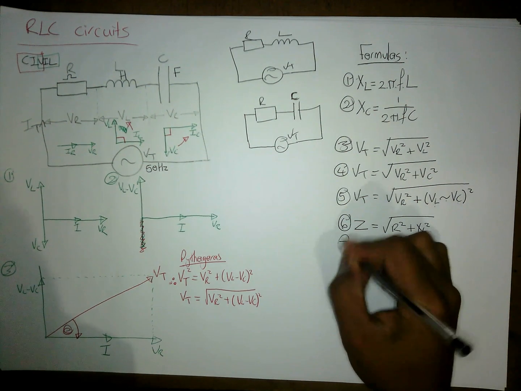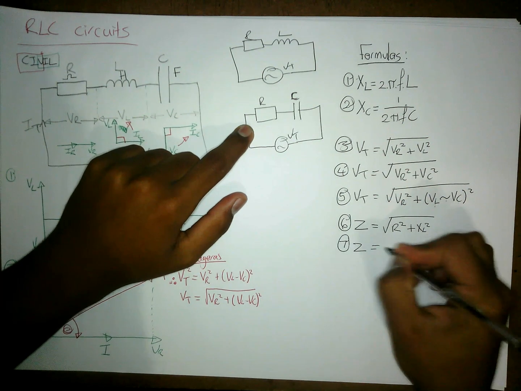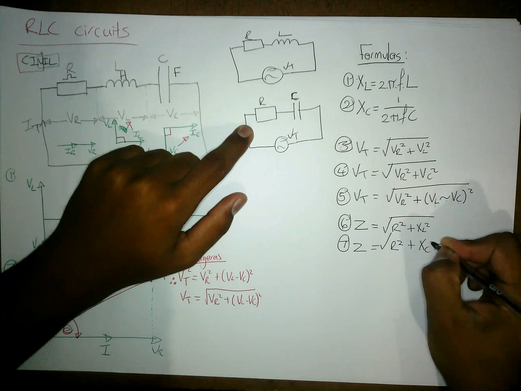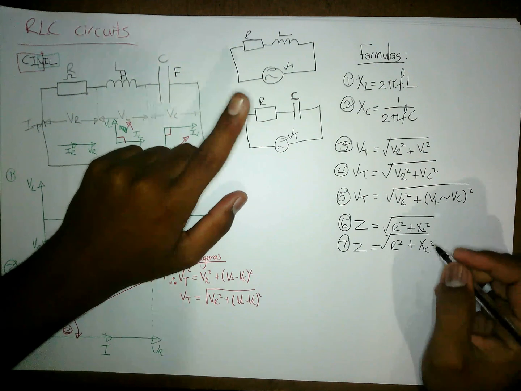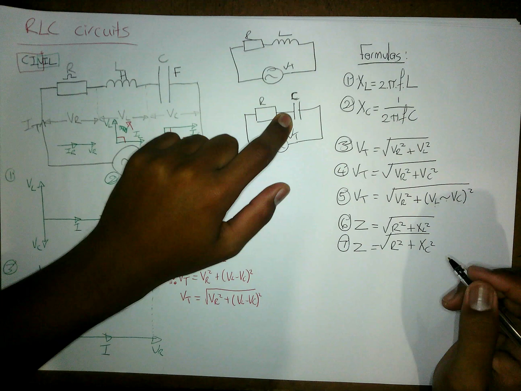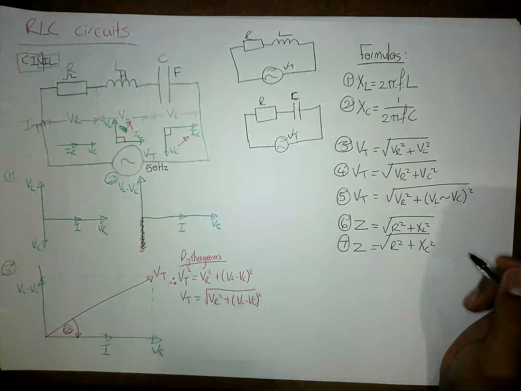Number 7, for this one over here, very same thing. The resistance of the resistor squared plus the capacitive reactance of the capacitor squared. That gives us that formula.